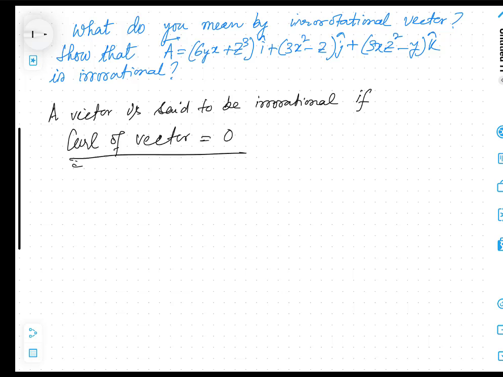So this is important. When I say that curl of that vector is 0, so if I say vector A, in this problem, curl of vector A is 0, then I say it is an irrotational vector.